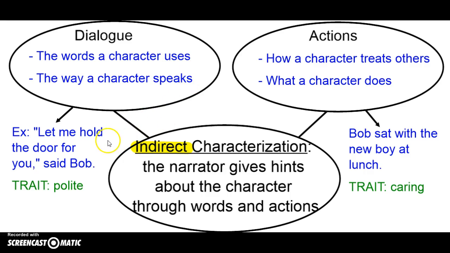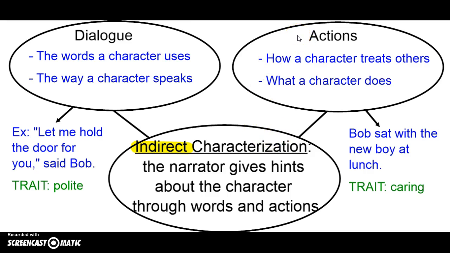For example, let's say I have Bob again. If Bob says, "Let me hold the door for you," we know that he's polite. The narrator didn't tell us he was polite, but we could make a guess that he was polite based on his dialogue.